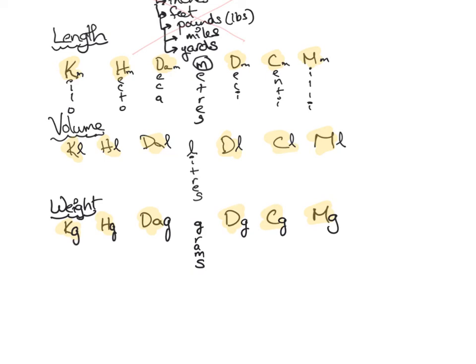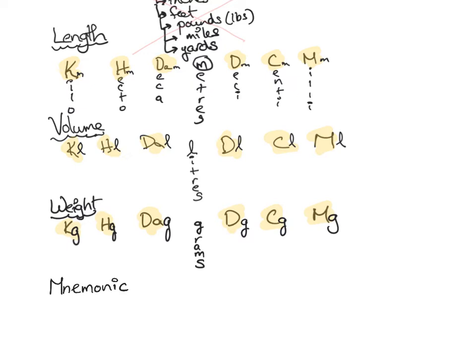So, before we continue, what could help us remember the order? Because obviously we know millimeters is small, kilometers is large. But how do we keep track of the order in which they come? For that, we can use a mnemonic. So a mnemonic is a device that you use in order to help you remember, in this case with a pattern of letters.